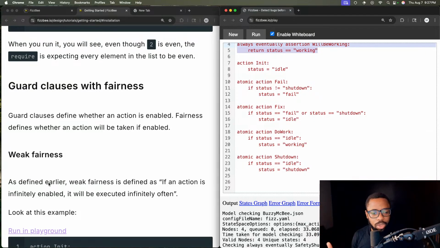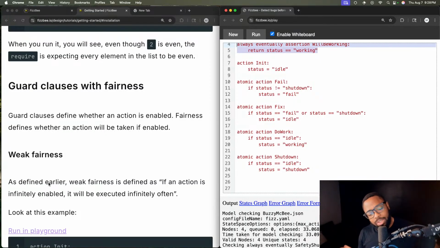But for weak fairness, to me at least, the precondition is actually stronger in this case. That's interesting, because that goes against the whole weak fairness in the name, right?